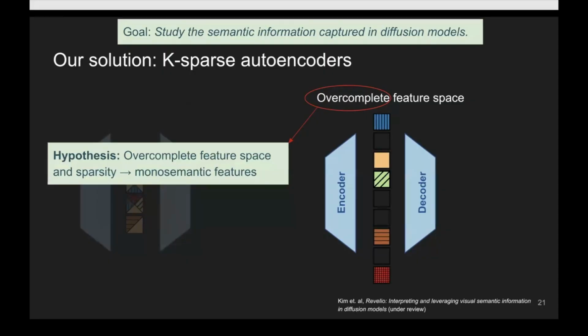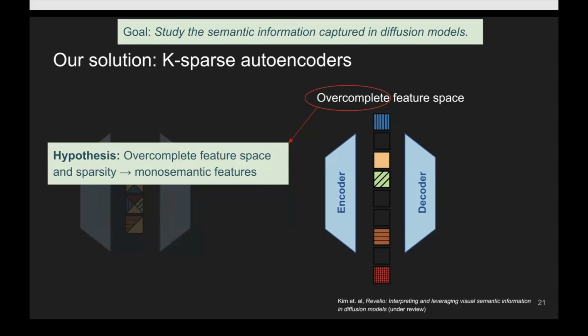The hypothesis of one of the earlier works which introduced k-sparse autoencoders to probe into LLMs was that building an overcomplete feature space and enforcing sparsity might encourage learning of monosemantic concepts.